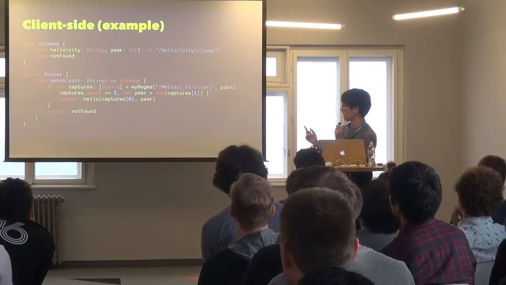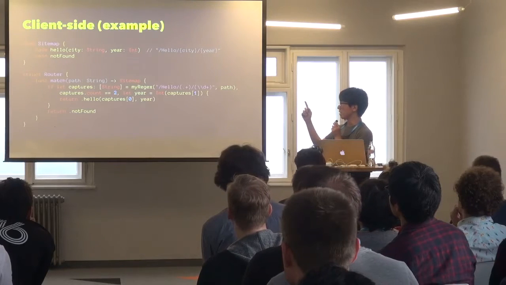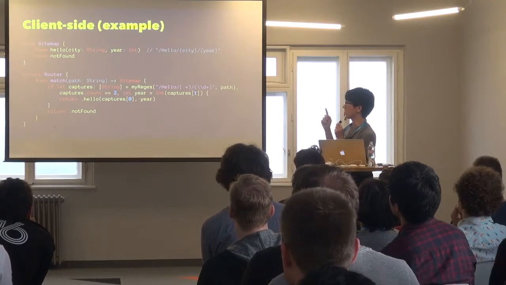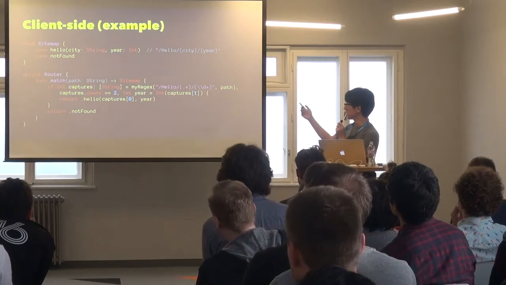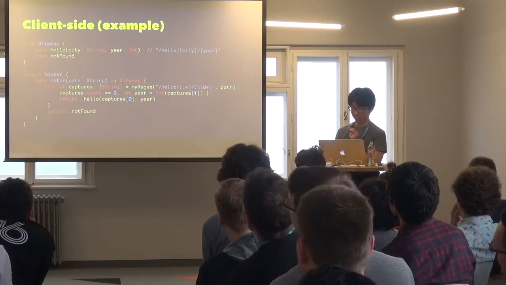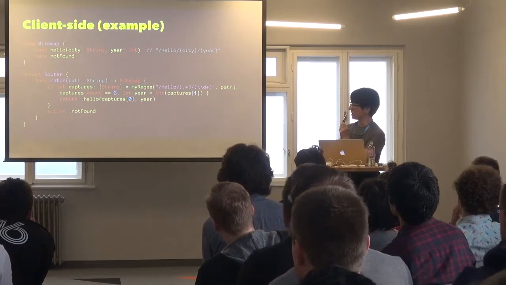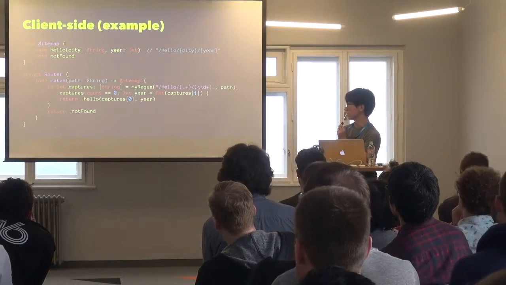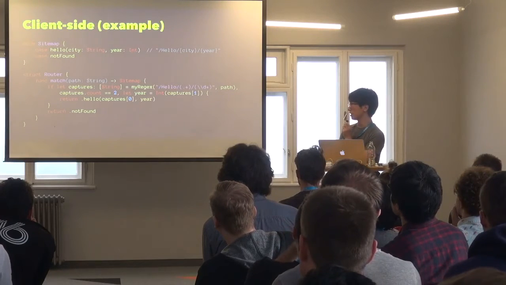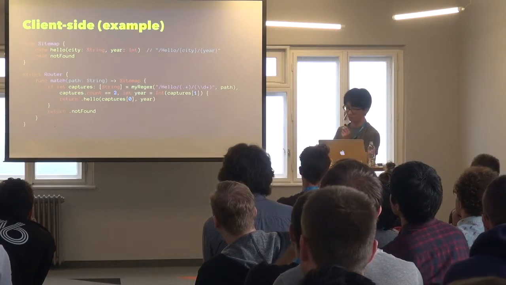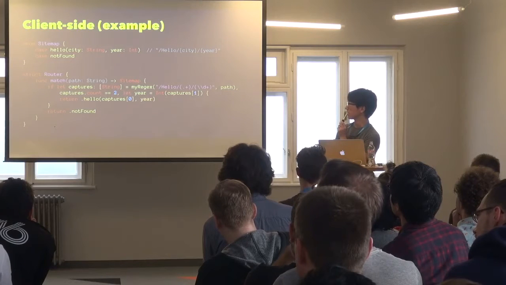Because of that, we have to assure that the captures have a count of exactly 2. And also, we have to check that we can convert to an integer. Once the parsing succeeds, we can return Sitemap.hello like this. And if the parsing or capture failed, we can just return .notFound.